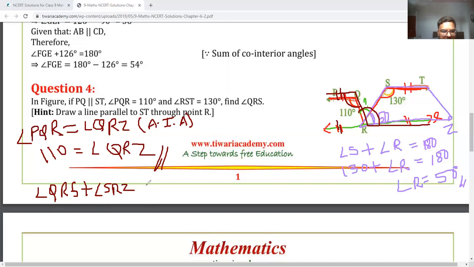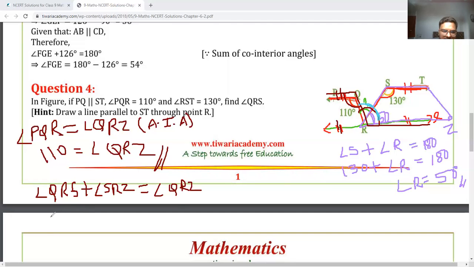The summation of these two angles will give you angle QRZ, isn't it? Let me take a light color. If I add this angle and this angle, I'll get the complete angle QRZ.